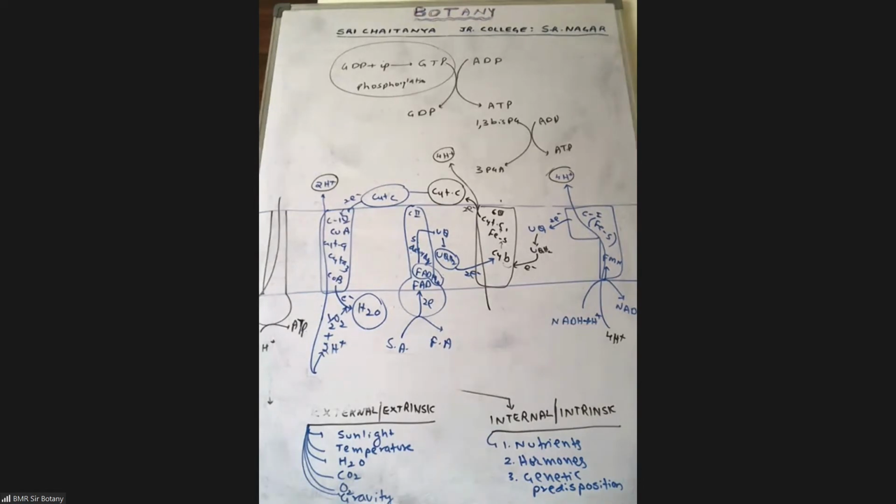For 1 acetyl-CoA in aerobic respiration, how many ATPs are we likely to get? 1 acetyl-CoA, I said, be careful. Start from acetyl-CoA, counting. 12.